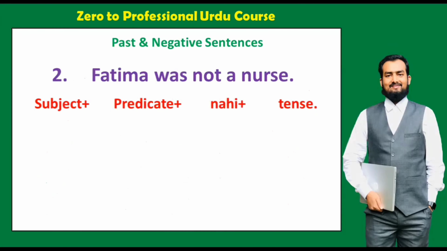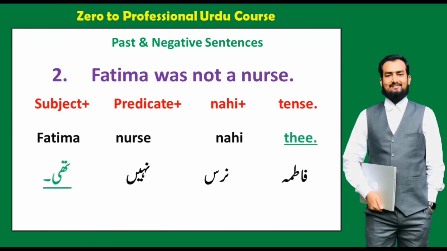And the next sentence is Fatima was not a nurse. Maybe you're thinking, no, she was not a nurse, she was a hostess, like that. So Fatima was not a nurse. How will you say? We will say Fatima nurse nahi thi.